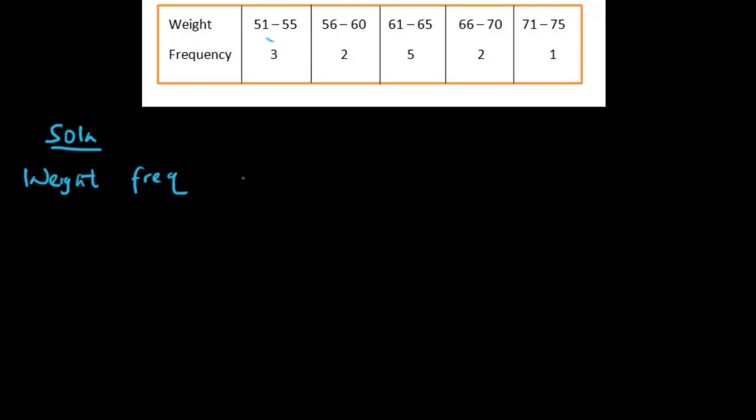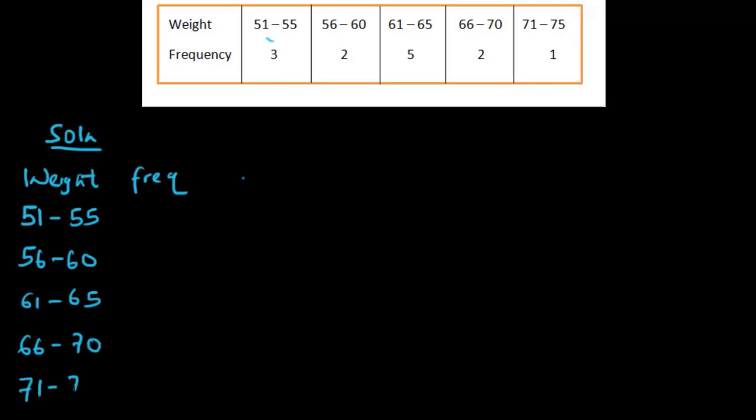So we have 51 to 55, 56 to 60, 61 to 65, 66 to 70, and then 71 to 75. Frequency, we have 3, 2, 5, 2, 1.